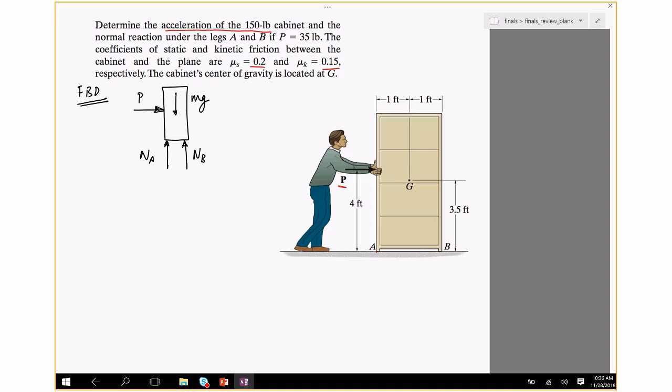Okay, and so what we do is we try to find the minimum P so that the block will just begin to slide. In other words, first find P needed for the cabinet to begin sliding.